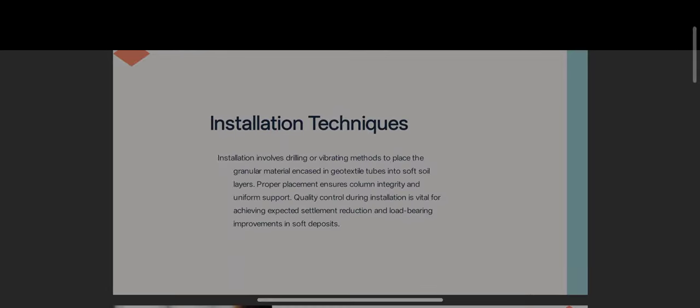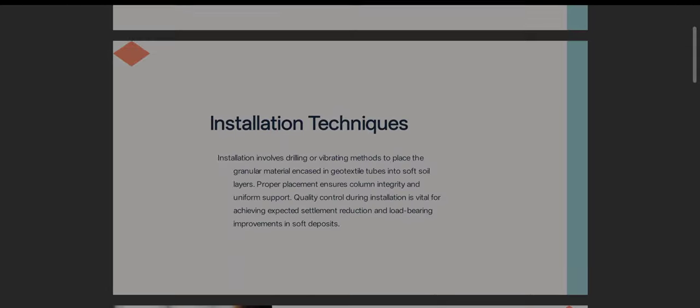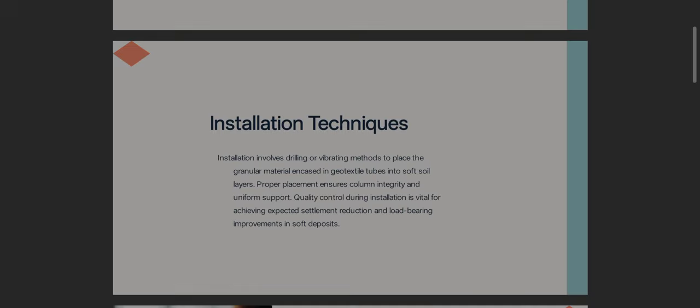Installation techniques. The performance of geotextile encased granular columns is strongly influenced by the installation method adopted, as it affects column integrity, encasement tension, surrounding soil disturbance, and overall load transfer behavior. Installation techniques are selected based on soil conditions, groundwater level, column dimensions, and project constraints.